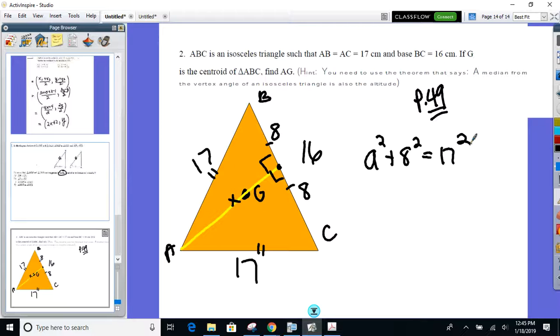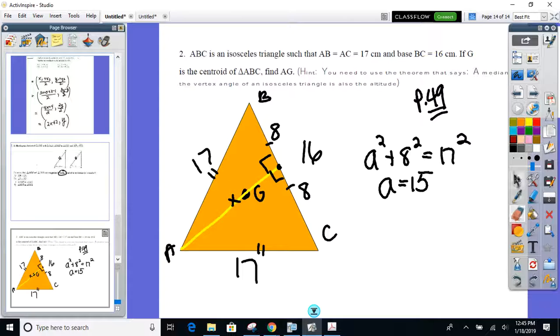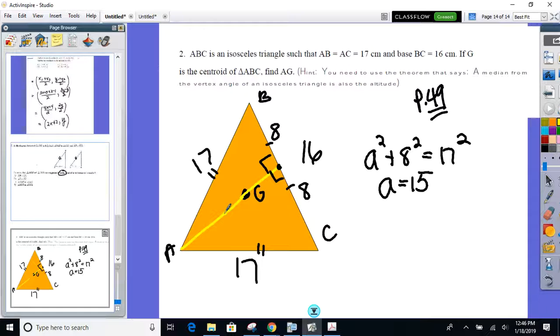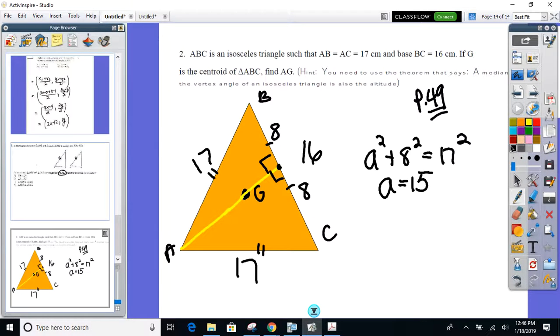So that'll find the length of the entire median, which I believe comes out to be 15. Let me make sure on the calculator. 15, everyone? We getting 15 out? So that entire median is 15.